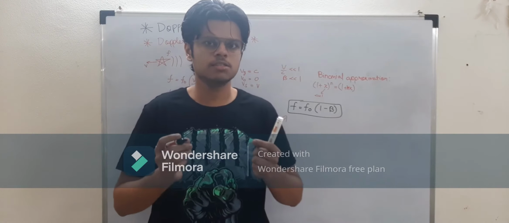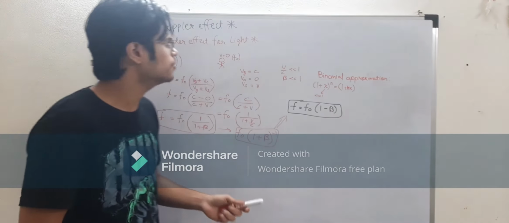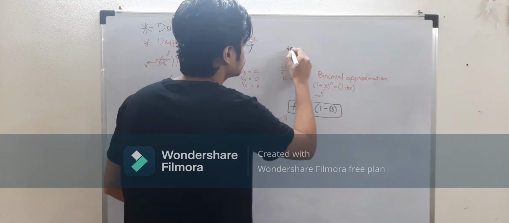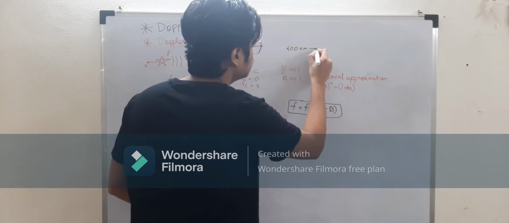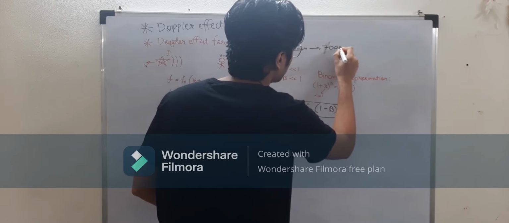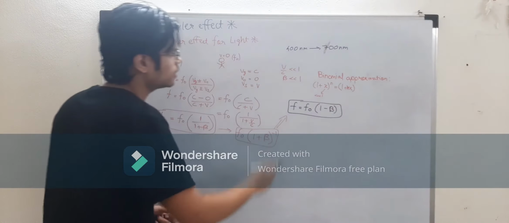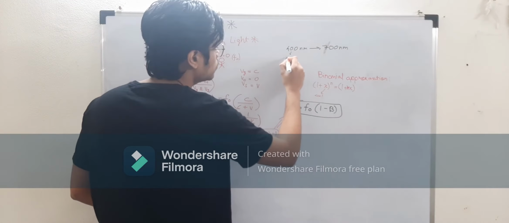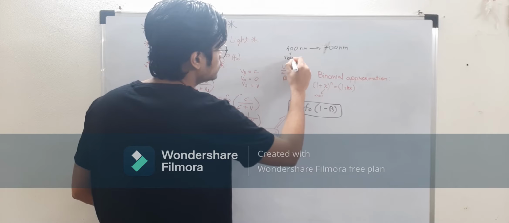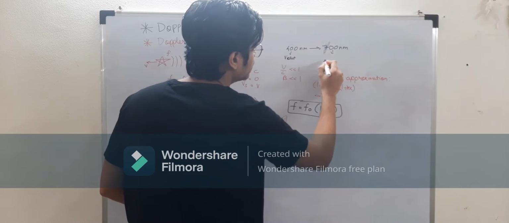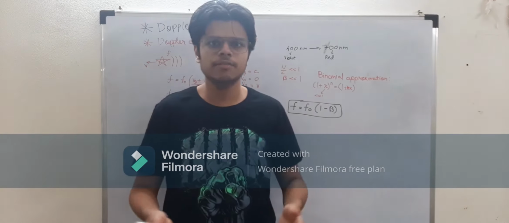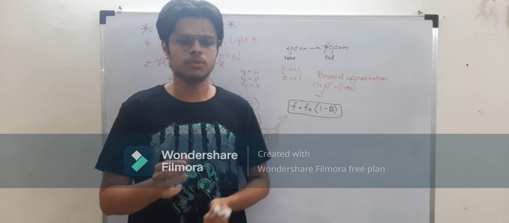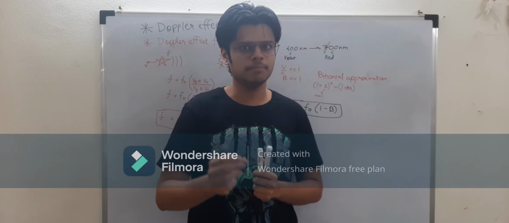So if the wavelength is more, which part of the visible spectrum has more wavelength? The visible spectrum is from 400 nanometer to 700 nanometer. 400 nanometer is violet and 700 nanometer is red.